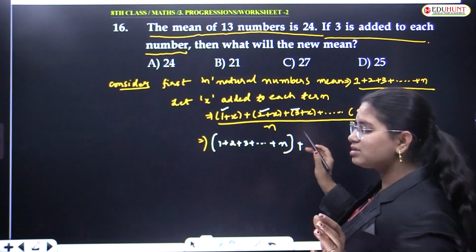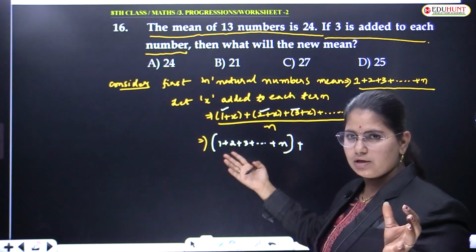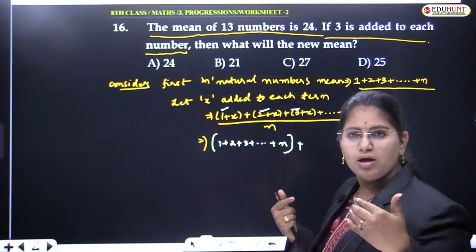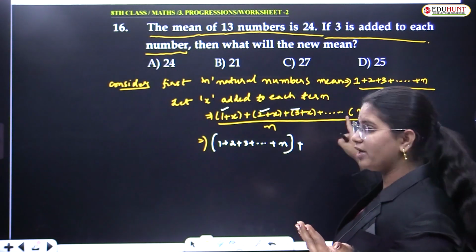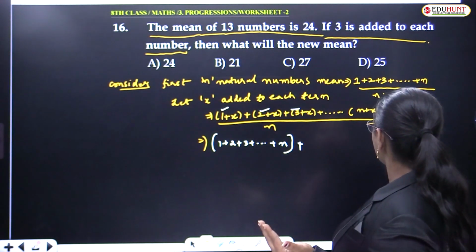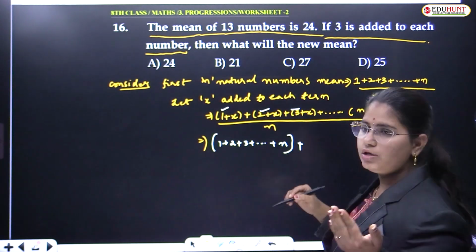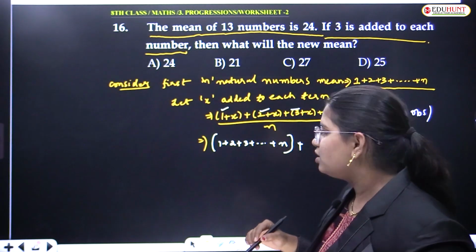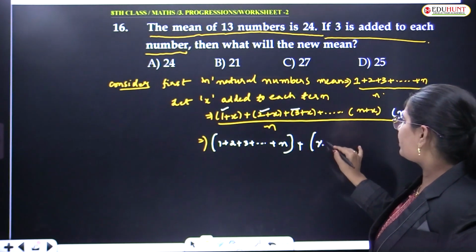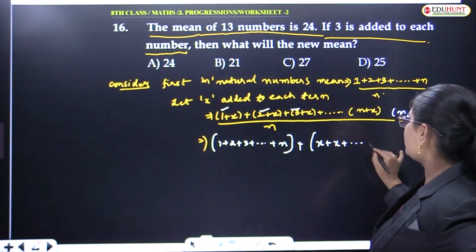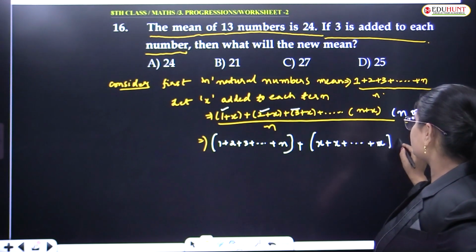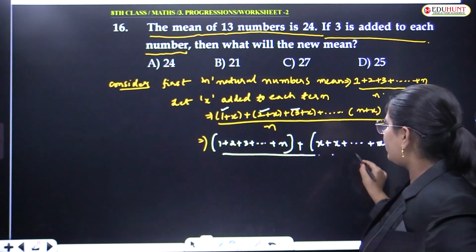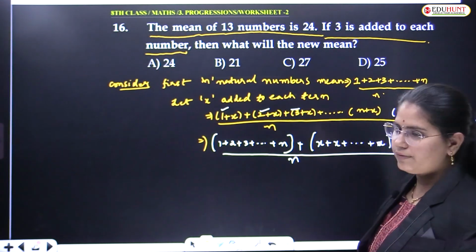And whatever x I have added, how many times is this x added? n number of times, because we have n observations. So x is added n times, all divided by n.